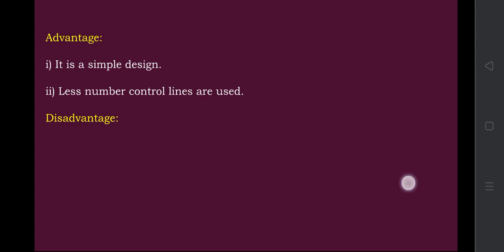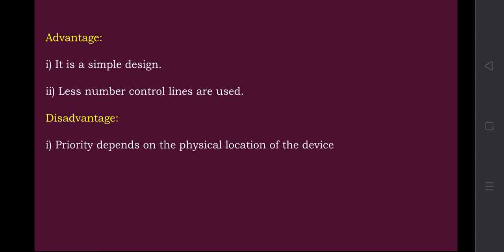The disadvantage here is that priority depends upon the physical location of the device. That means the first priority goes to the device placed nearest to the bus controller or the arbiter. Then as the devices are farther away from the bus arbiter, the bus arbitration procedure selects in a sequential fashion, one after another. That means the device which is last will get its turn only after some period of time.